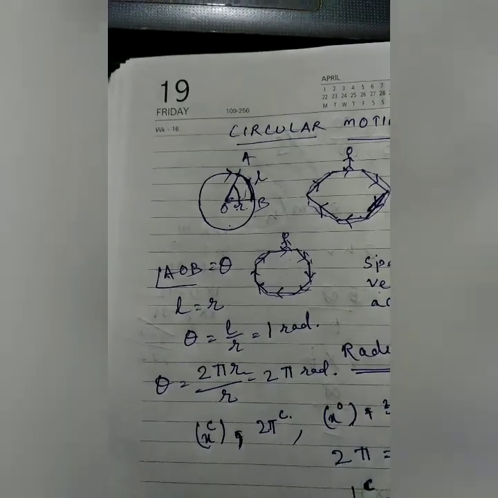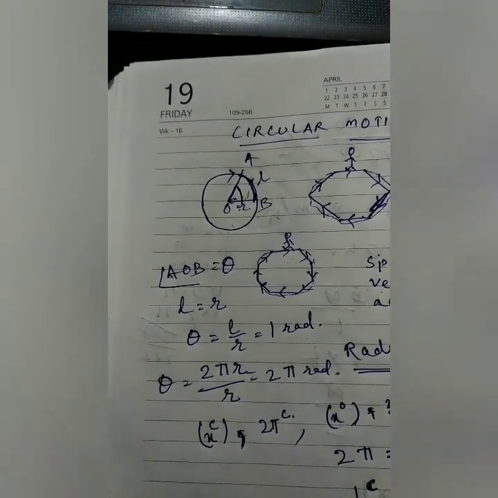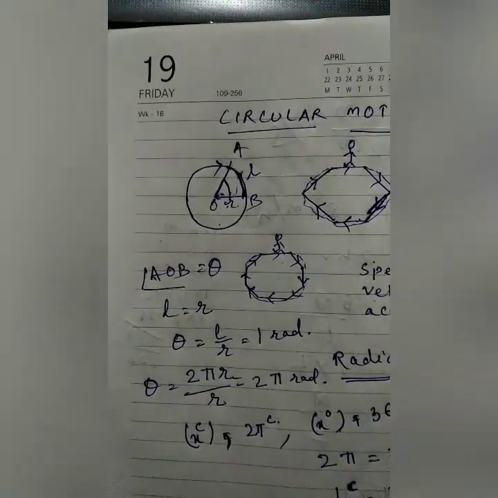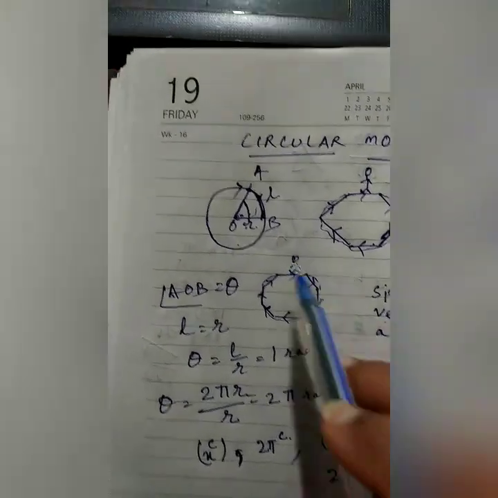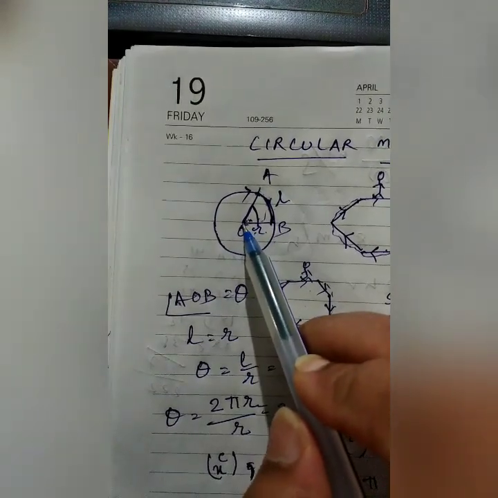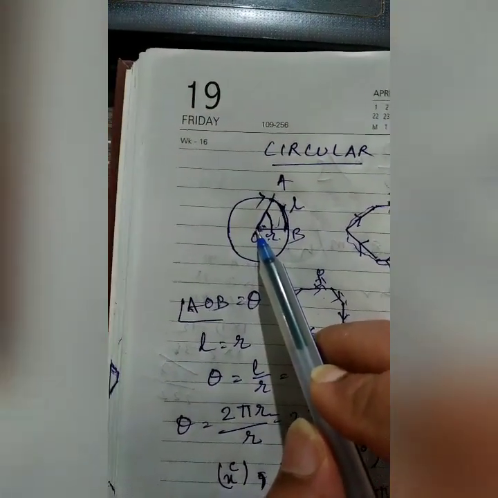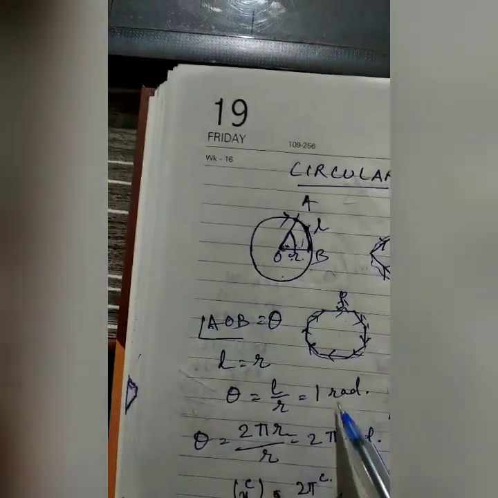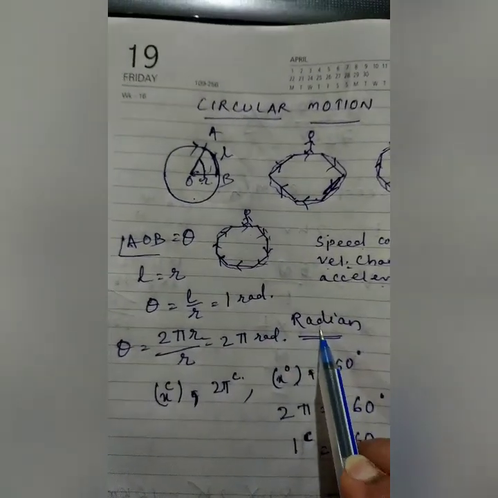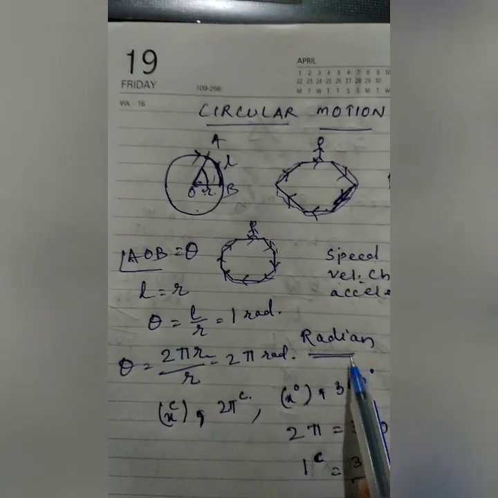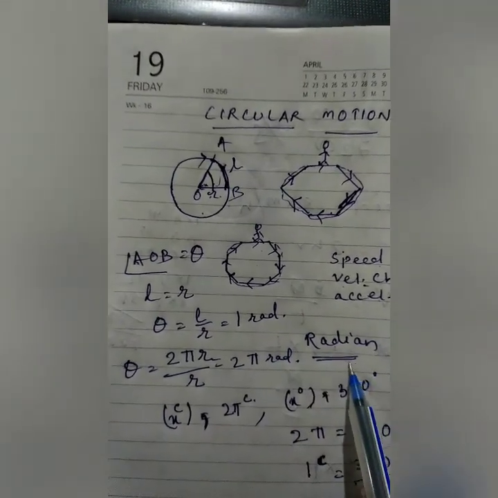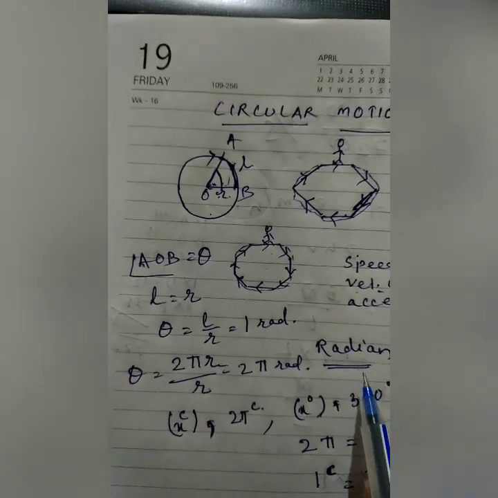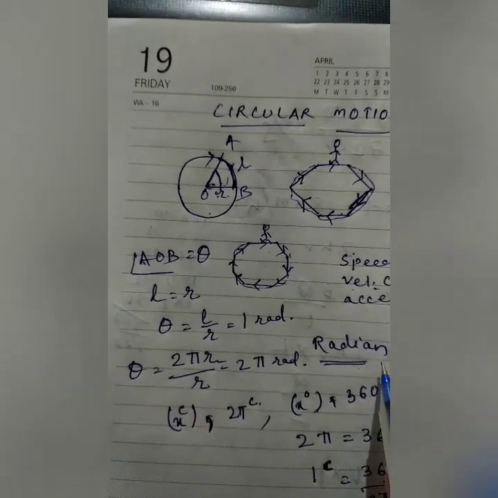Now we consider more theory about it. When any object is moving in a circular path, then it turns around one fixed point. Then we consider another unit that is known as radian. What is radian? Radian is the unit of plane angle. We also measure plane angle in degrees.